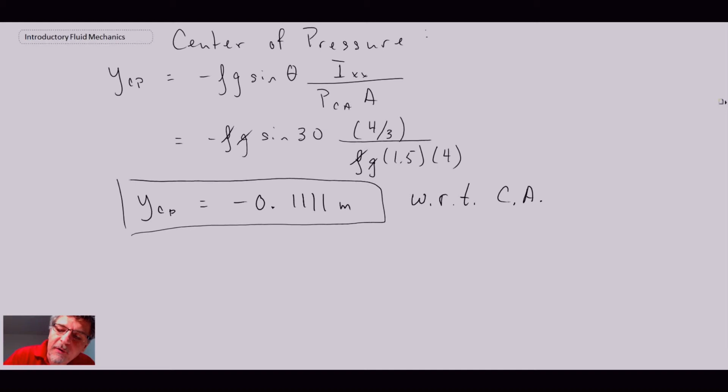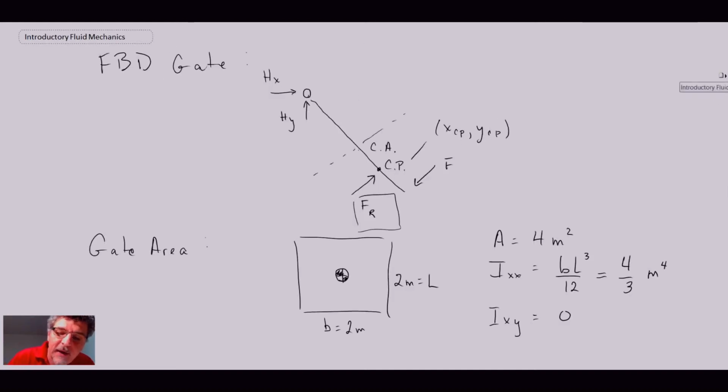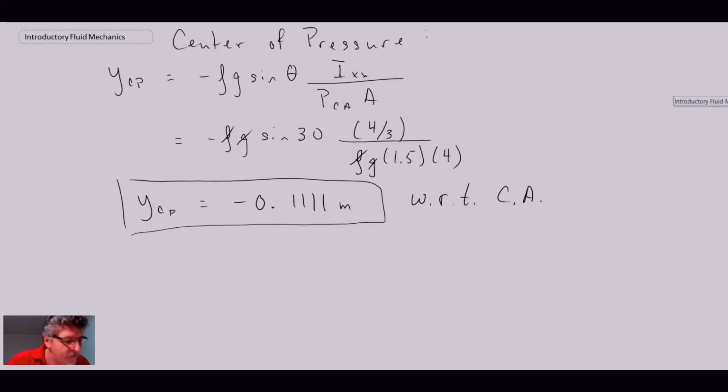So if we look at our schematic, which was back here, the fact that it's coming out negative, the y direction was in that way. The fact that it's negative, that means that it's below. This was y positive, and this is y negative. So it's down below in terms of the location.